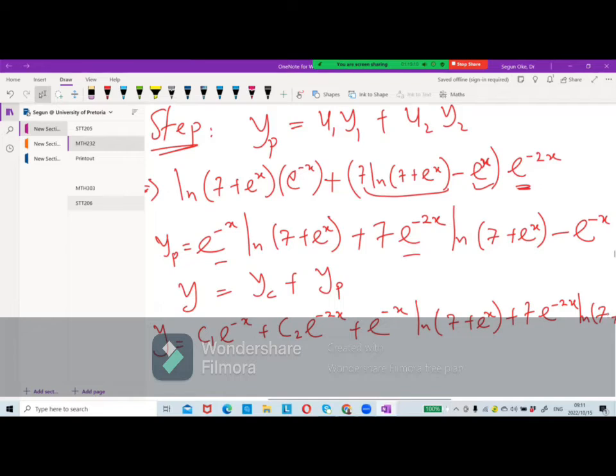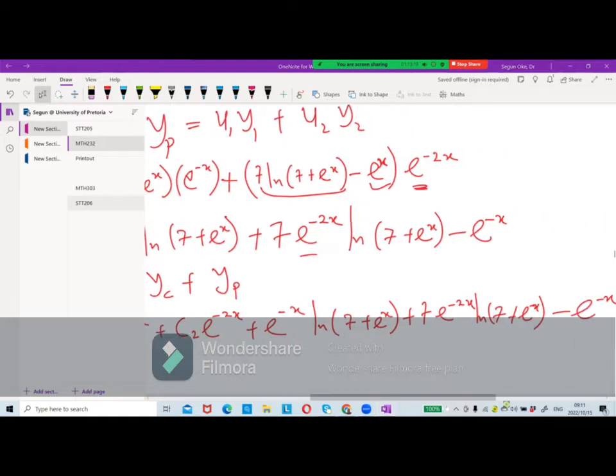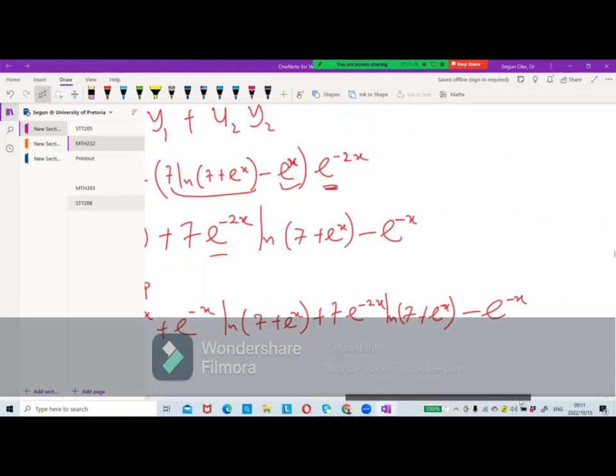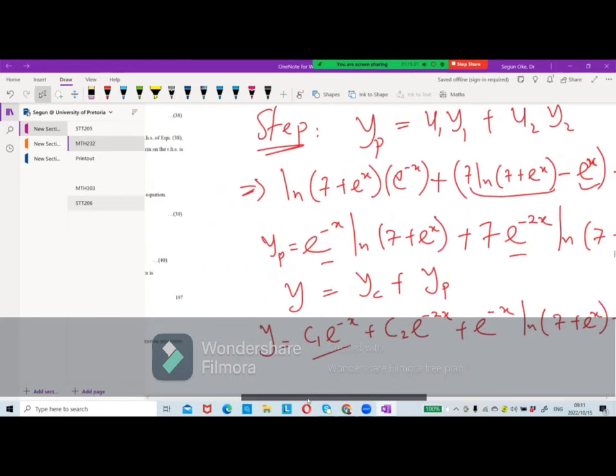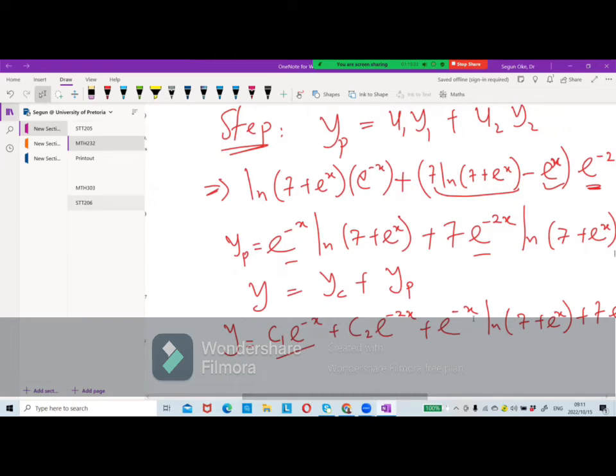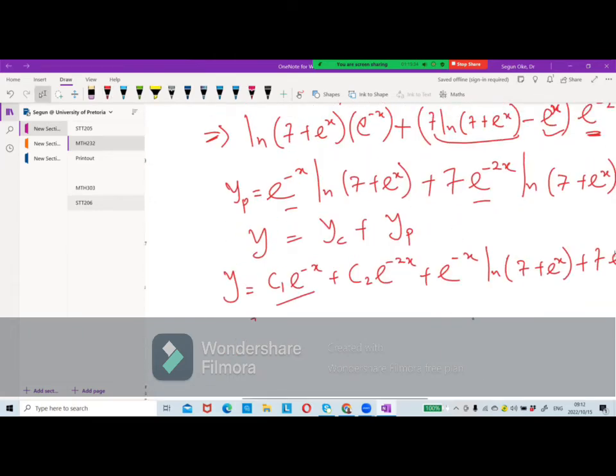You can match this one together with this one, right? Do you agree? Yes, sir. So if you match it together, what do we become? So that is C1 exponential minus x minus exponential x.